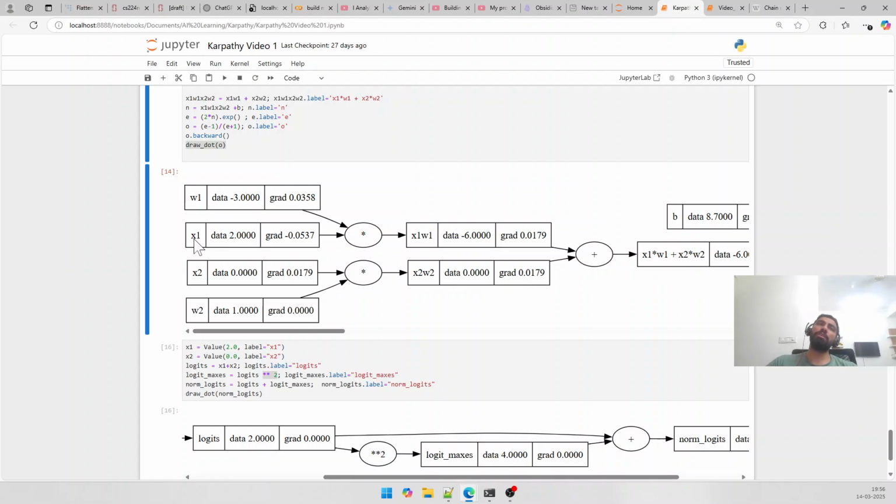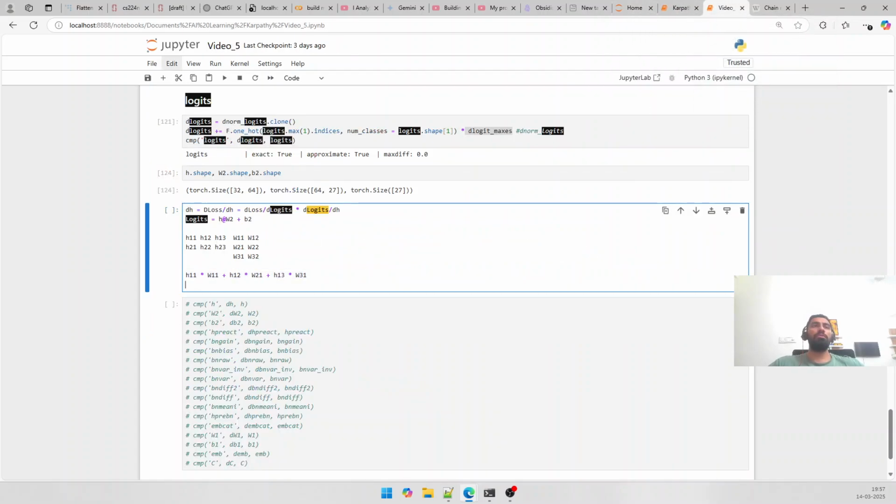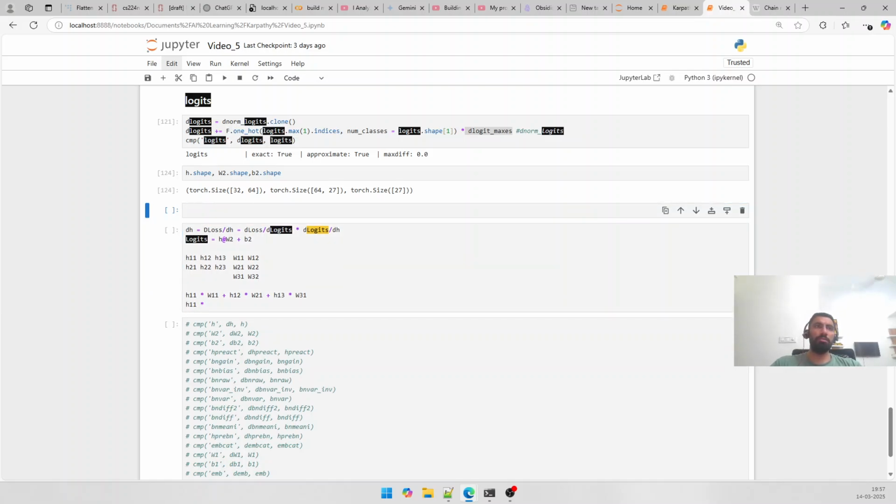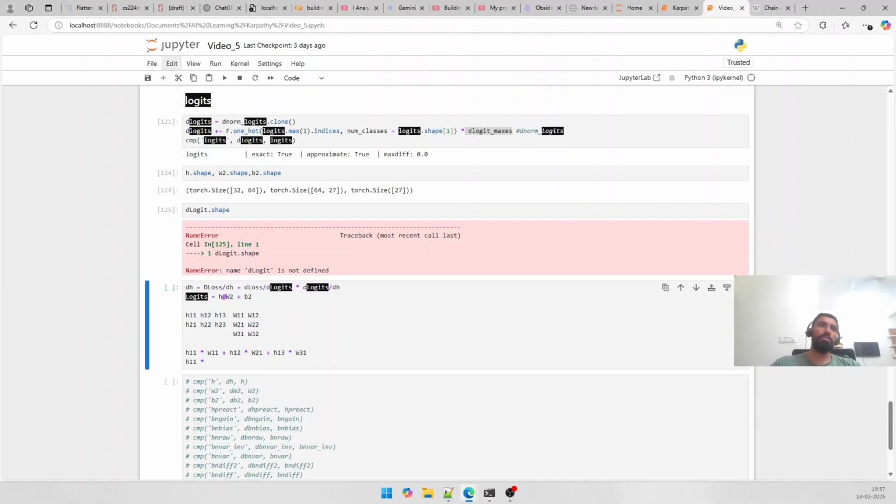Now because it's a multiplication, we will take data of this, multiply by this gradient and put it up here. So one of the elements of that will be h11 into dlogit dot shape.